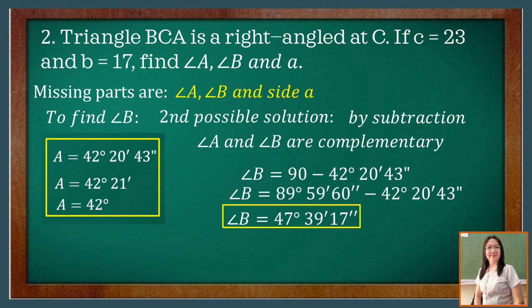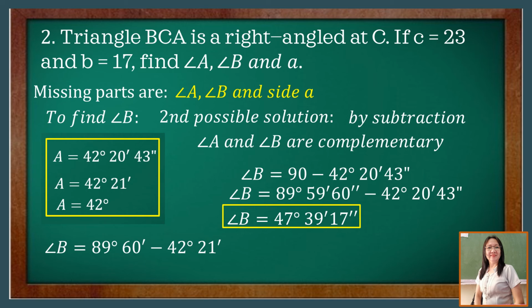So we have angle B is 47 degrees, 39 minutes, and 17 seconds, if you are required to have your answer in complete degrees, minutes, and seconds. Now, if the required is in terms of degrees and minutes, similarly, you're going to borrow 1 degree, and this becomes 89 degrees 60 minutes.